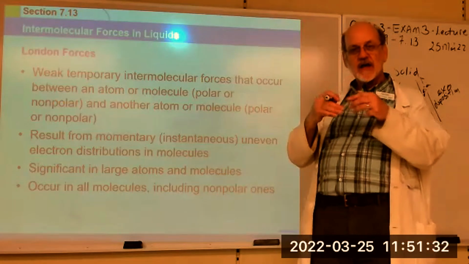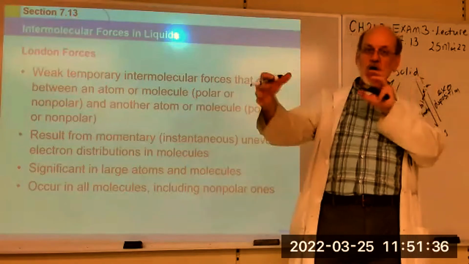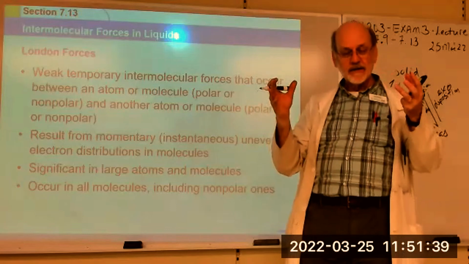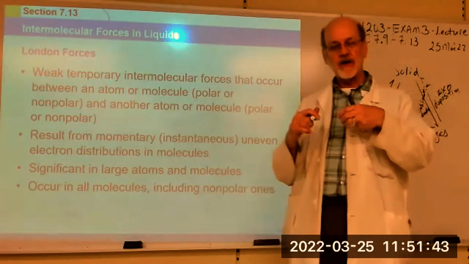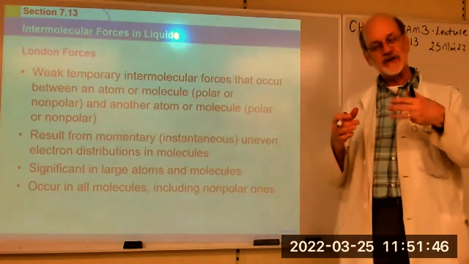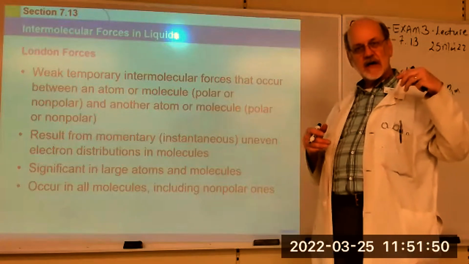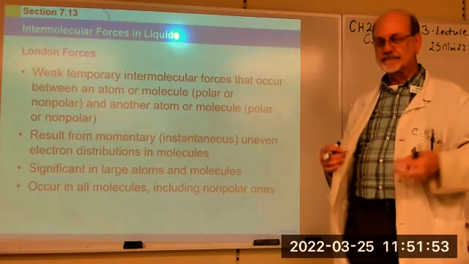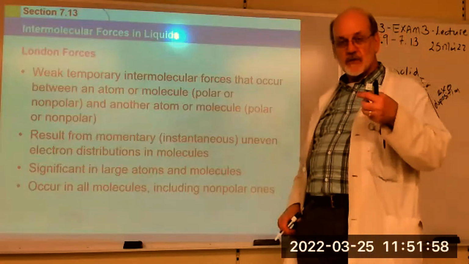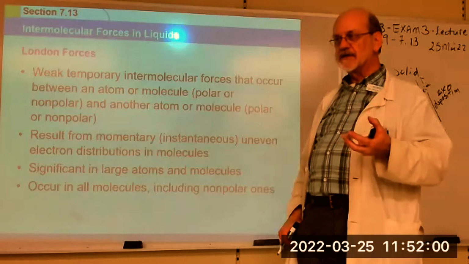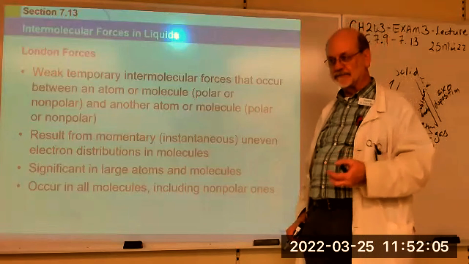So the smaller you get, the less ability you have for that atom to show uneven distribution temporarily for the electron cloud and give you the temporary polarity that would lead to London dispersion forces. So the smaller it gets, the lower the boiling point. In fact, the coldest substance we've been able to make in bulk is liquid helium. Right? It's very, very low boiling point.